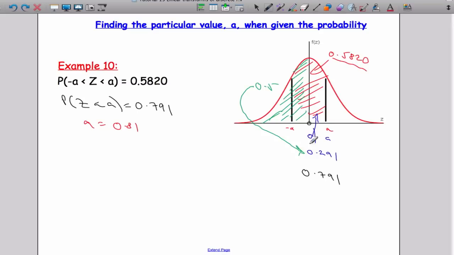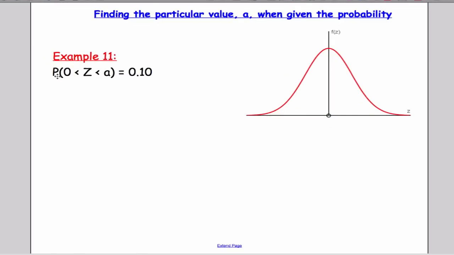Okay, on we go. Okay, so next one here is the probability that 0 less than Z less than A equals 0.10. So let's draw that in.